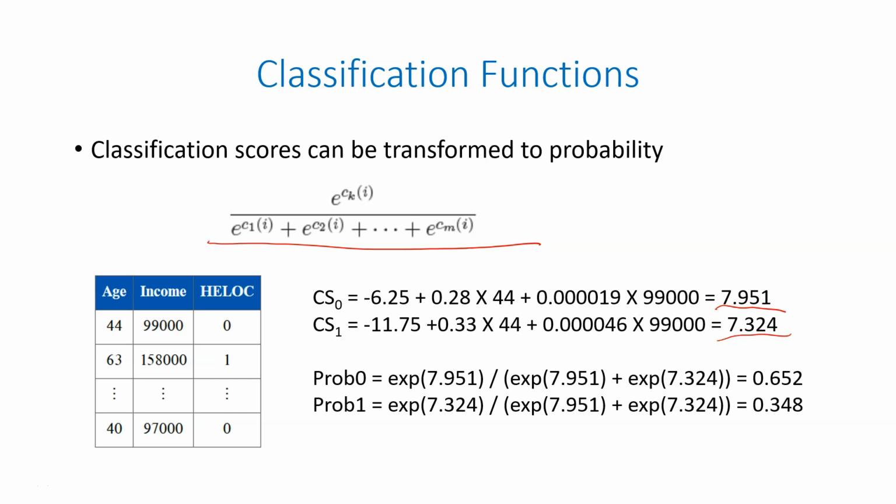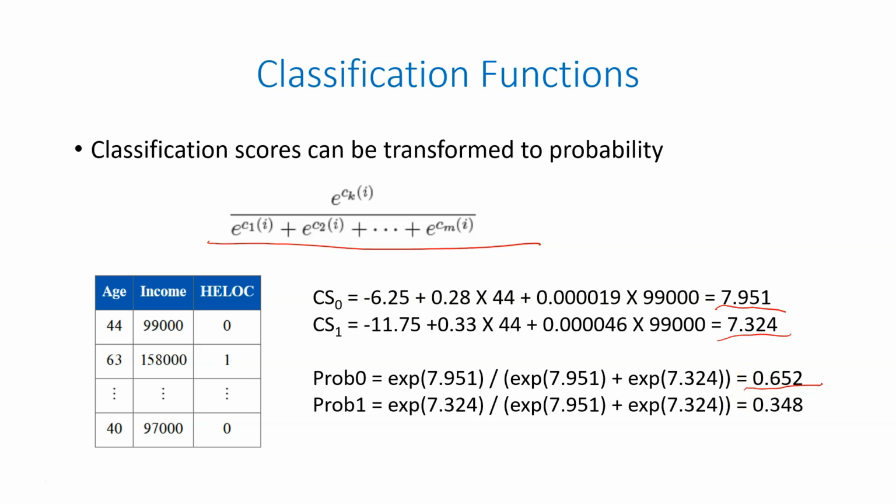Therefore, the probability of this customer belonging to class 0 is the exponent of 7.951 divided by the sum of the exponent of 7.951 and the exponent of 7.324.